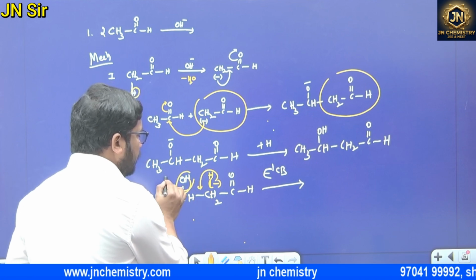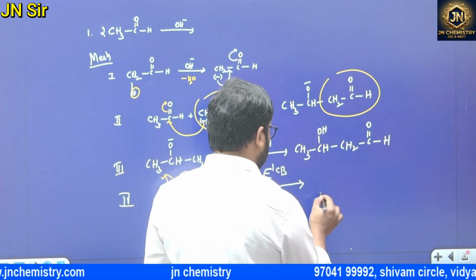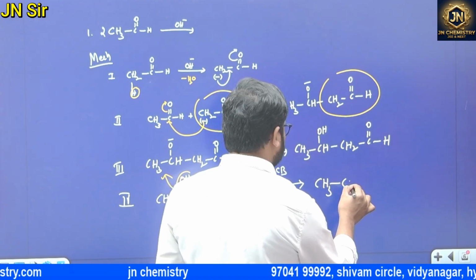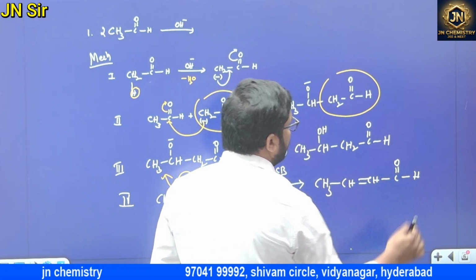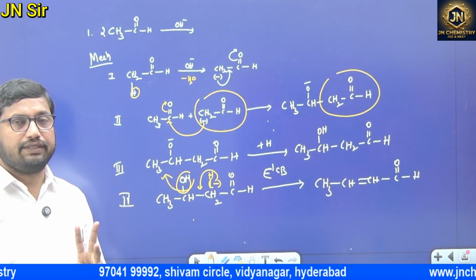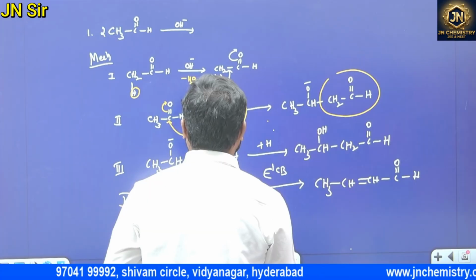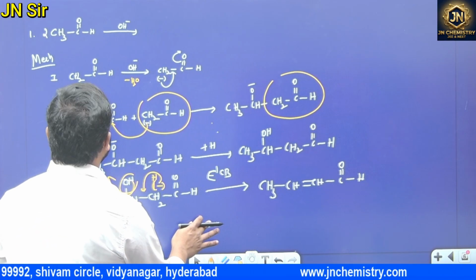So the OH is going out like this. I'll explain this clearly. We'll get CH3-CH=CH-CHO. So E1CB. We had E1, E2, E1CB, no? So I'll explain in a shortcut method what exactly E1, E2 and E1CB are.